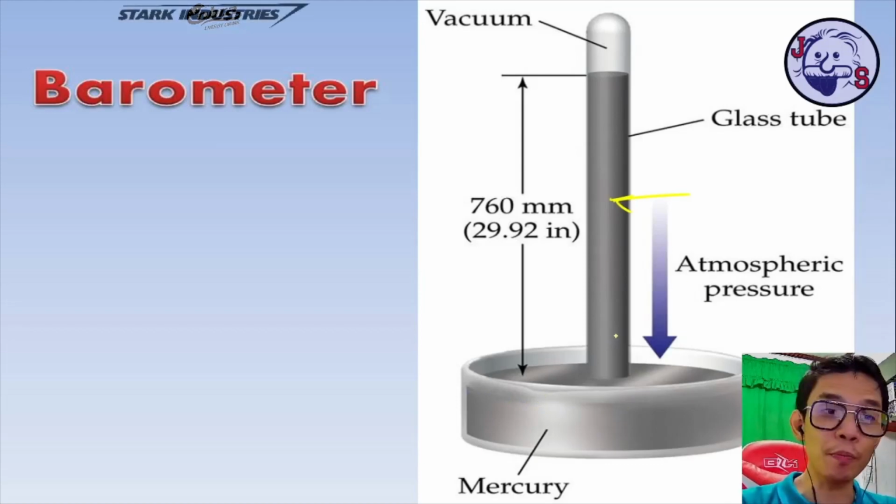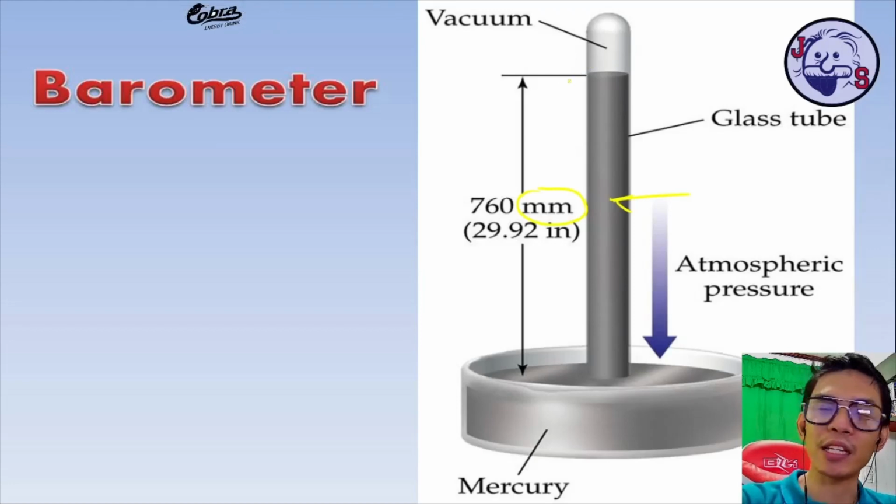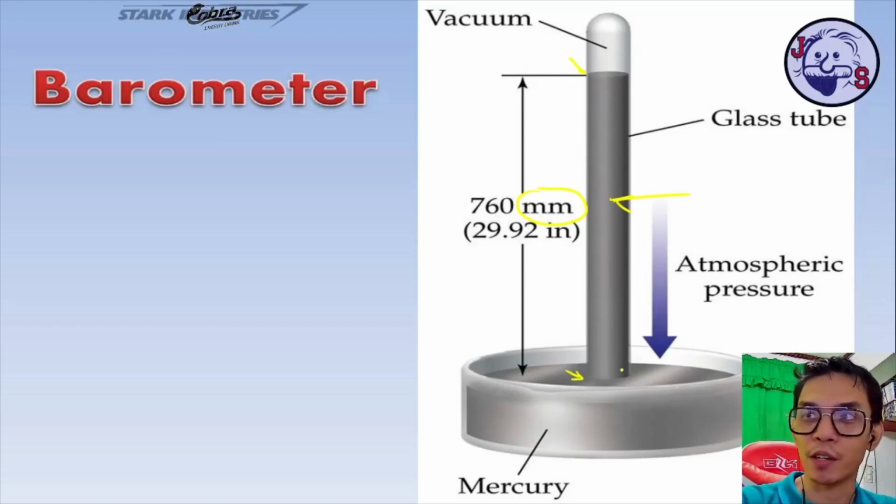We have a test tube inverted, and inside the test tube there is a certain level of mercury, measured exactly as 760 millimeters from this point up to the surface of the mercury on the petri dish.